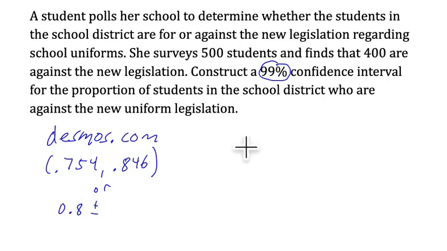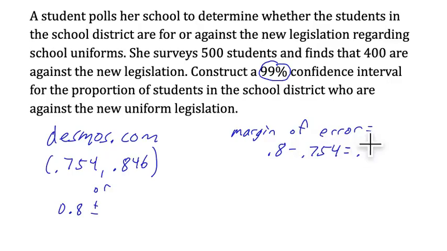And to get the margin of error, we can take the point estimate here and subtract the lower bound to be one way to do that. That's 0.046. So another way to write the interval is 0.8, that's the point estimate, plus or minus the margin of error, 0.046.